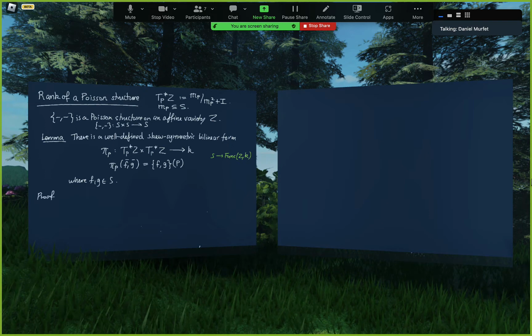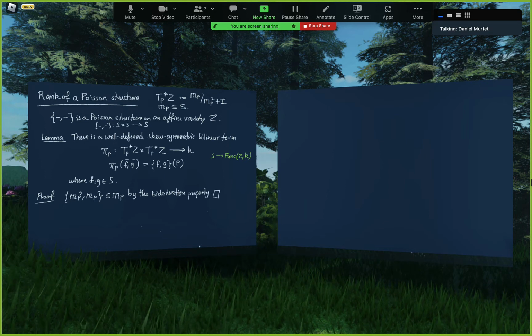Proof. Well, MP squared paired with MP is contained in MP by the biderivation property. What does that show you? Well, it shows you this is well defined, that is independent of the choice of representative, because if you chose a different representative for F here, you would change this thing here by an element of MP squared plus I. Yeah, maybe I should write this out.